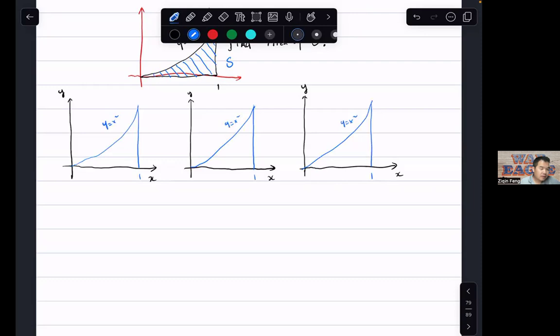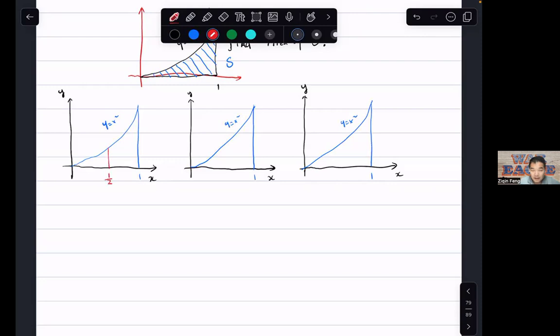So the idea here is approximation. We do know how to calculate the area of a rectangle, so let's try to fill in rectangles. First we divide our region into two parts. So this is 1/2 here.